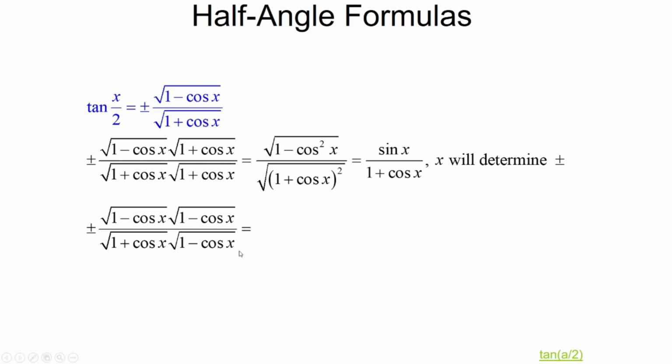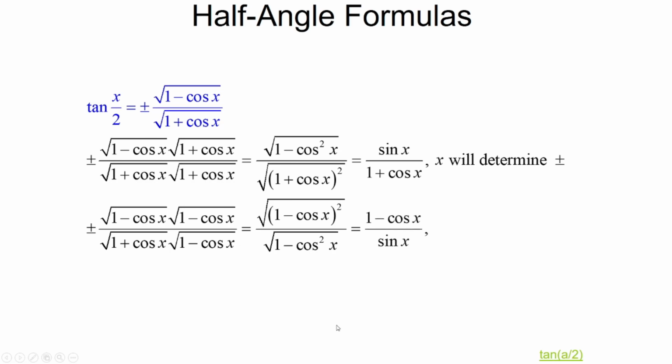So equals, and up top, all right, I have a radical times itself, meaning I can drop the radical. Okay, and I'm showing that step, so I put it under the radical and I just said 1 minus cosine of x squared. And then do you agree that 1 plus cosine times 1 minus cosine, difference of squares, that's 1 minus cos squared of x, which I love to see under a radical right there.